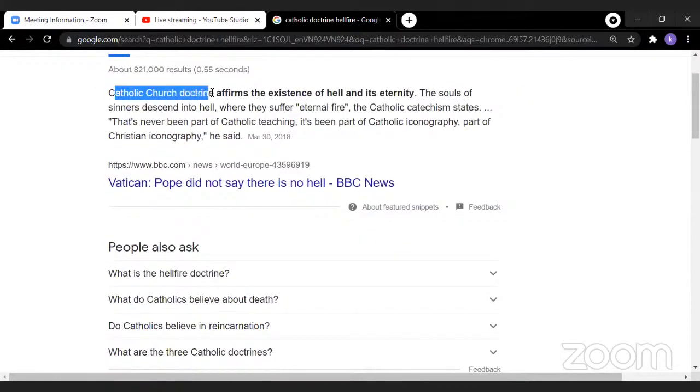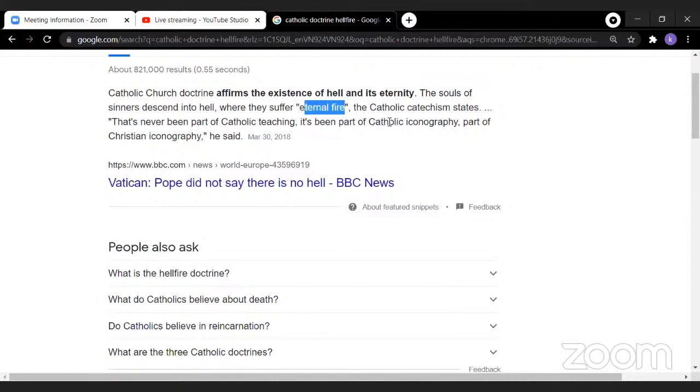So let's see. Catholic Church doctrine affirms the existence of hell and its eternity. The souls of sinners descend into hell. Okay, so we see it's not only the sinners, right? The souls of sinners descend into hell where they suffer eternal fire. We saw that's not true. The Catholic Catechism states that that's never been part of the Catholic teaching.